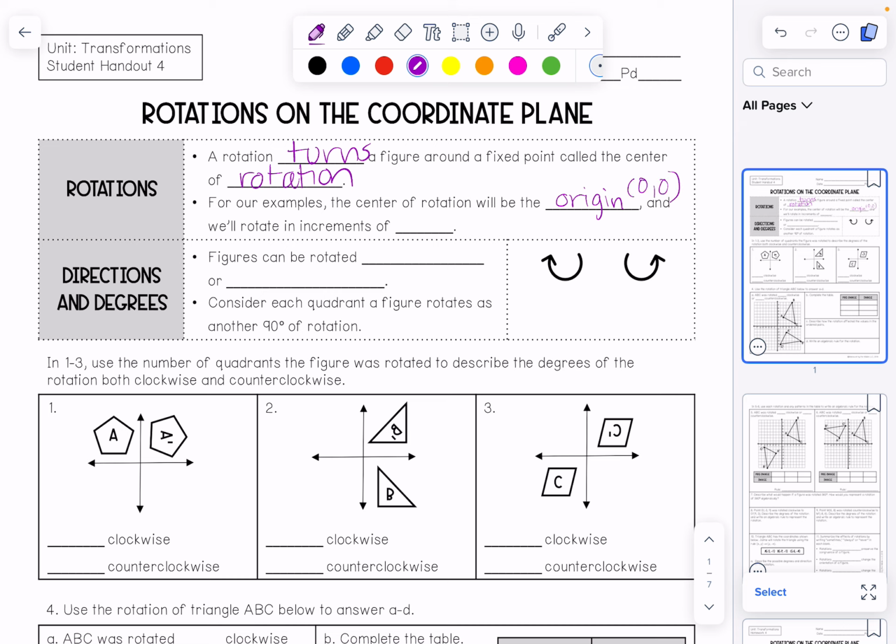And we'll rotate in increments of 90 degrees. We can rotate clockwise and counterclockwise. So clockwise, if you think of the way the hands move on a clock, and counterclockwise is going to be moving to the left.